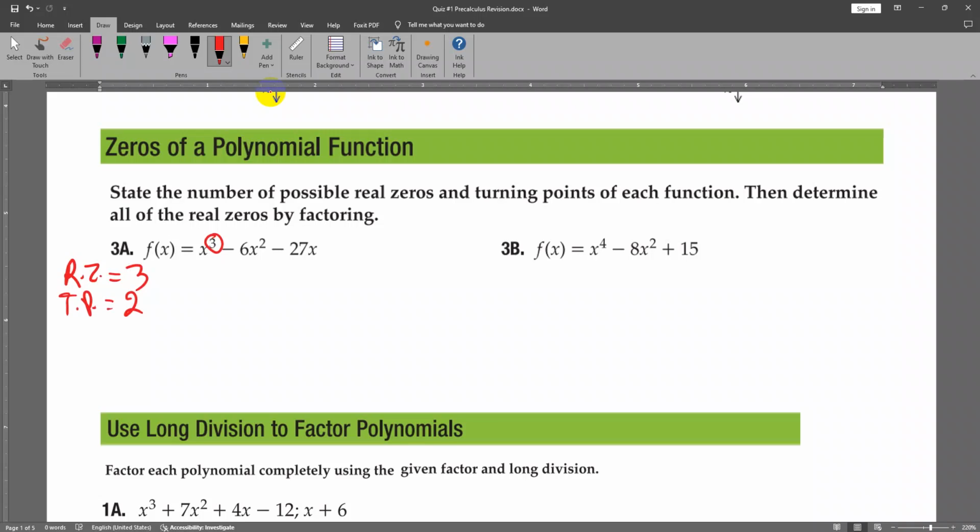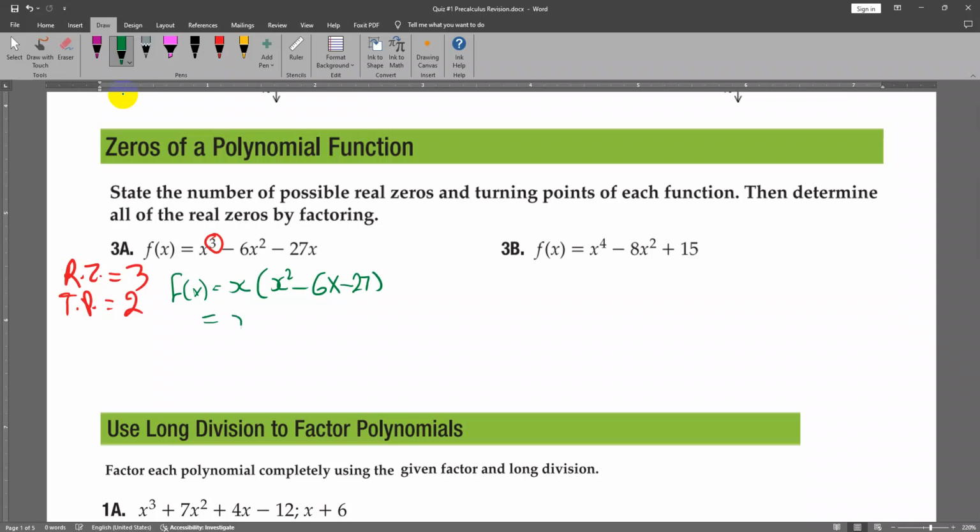How to get the zeros by factorizing? At first, we will take x as a common factor. We see this, we have x as a common factor, and we will have x to the power 2 minus 6x minus 27.